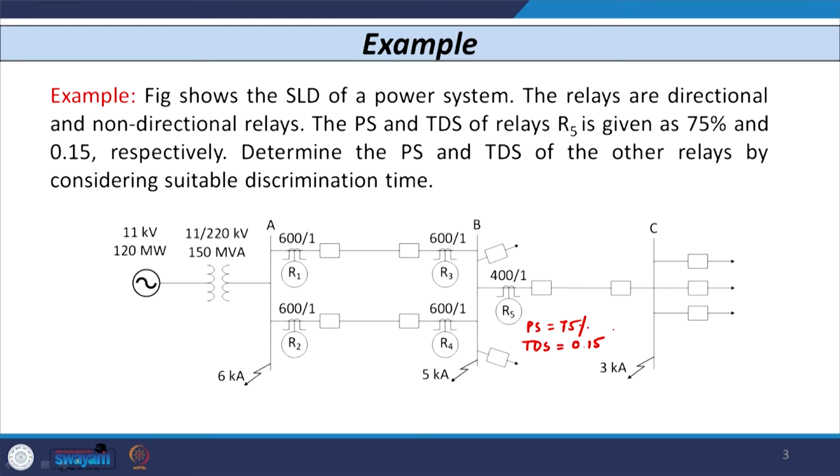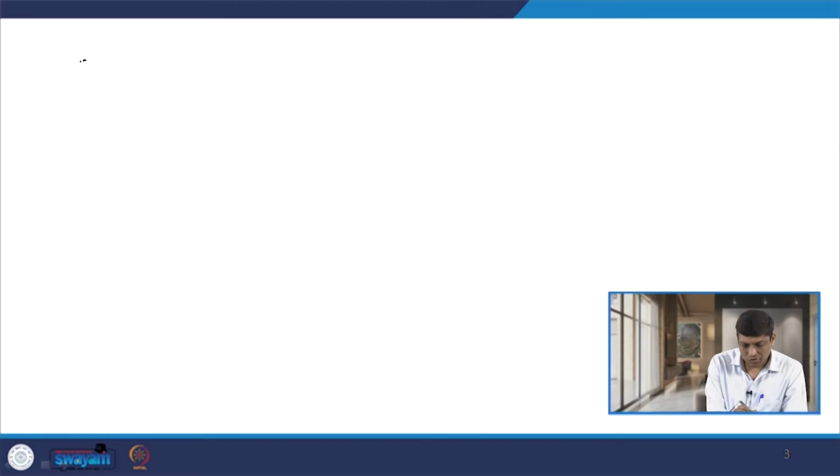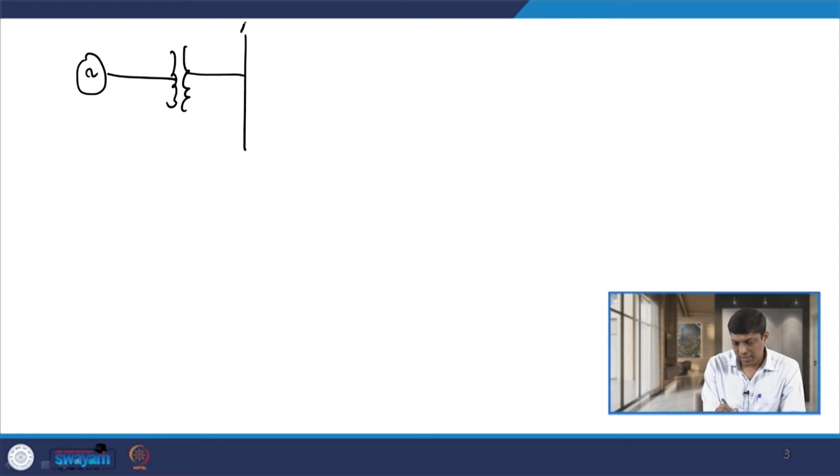Now, for this let us consider that the system is like this. If I draw this system again, then we can say that we have the generator, then we have the transformer, and then we have the parallel feeder.